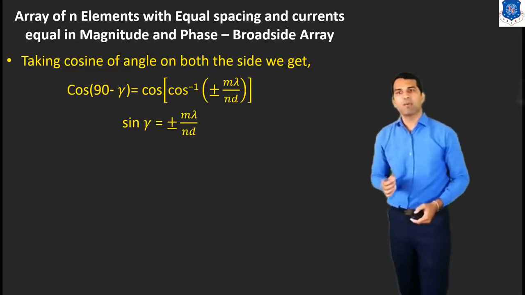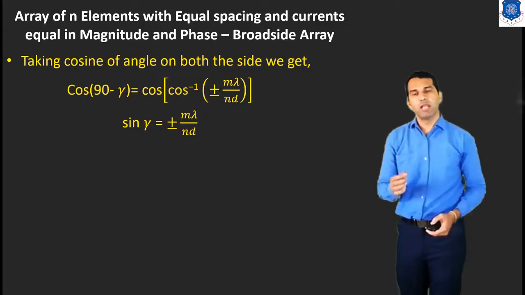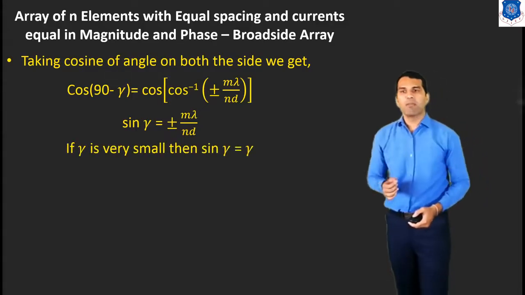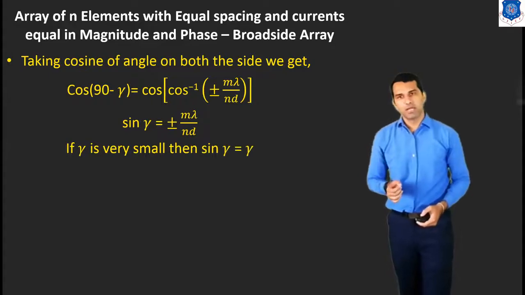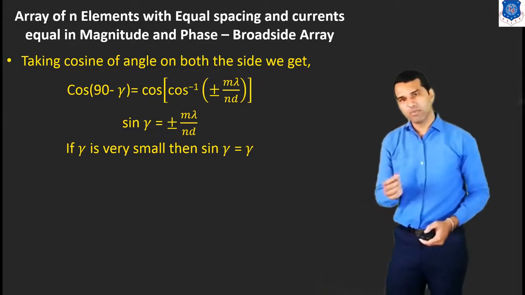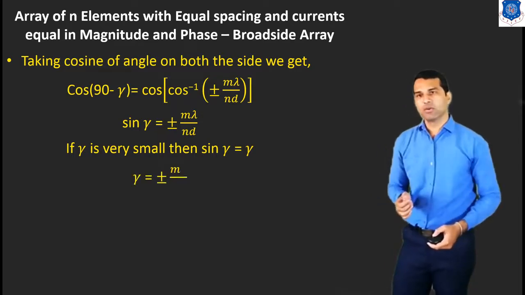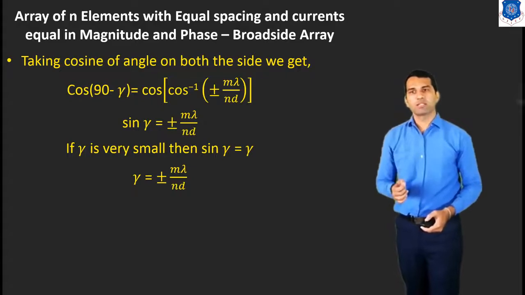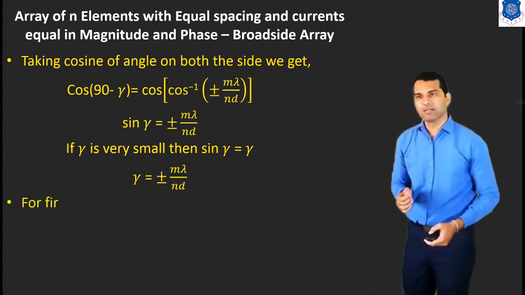So we get sin γ equals plus or minus mλ upon nd. If γ is very small, sin γ equals γ, so we write γ equals plus or minus mλ upon nd.